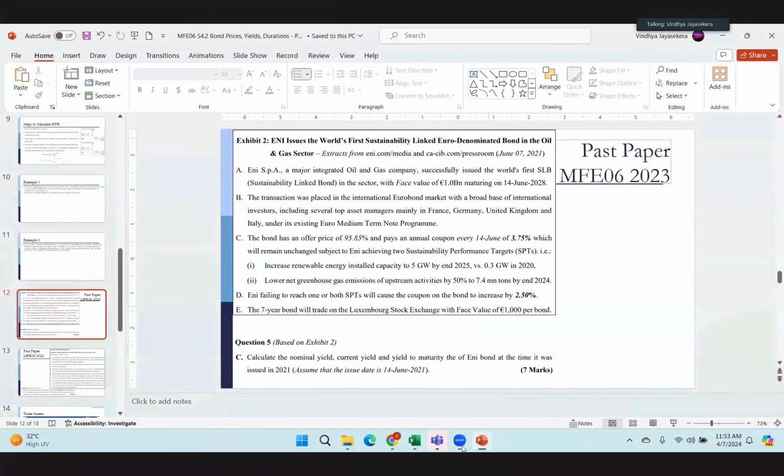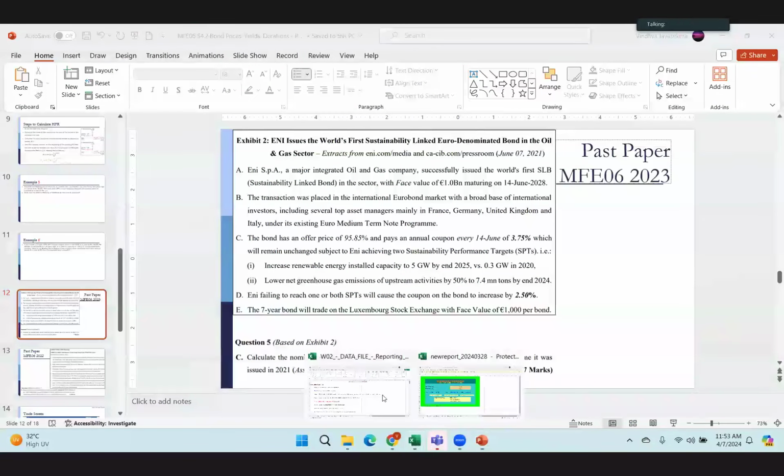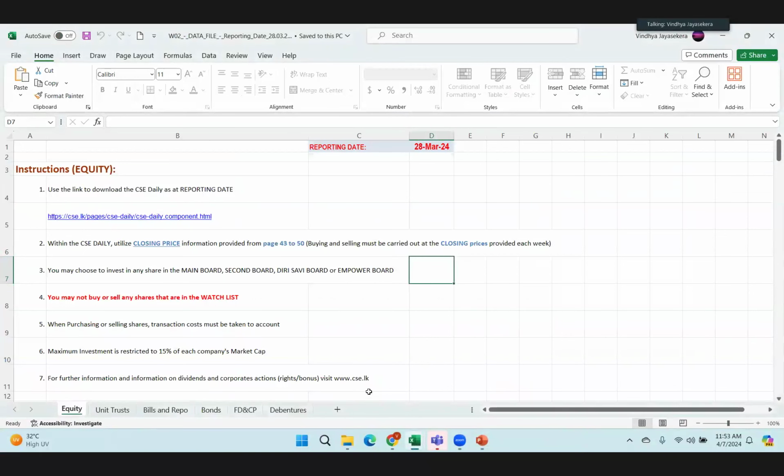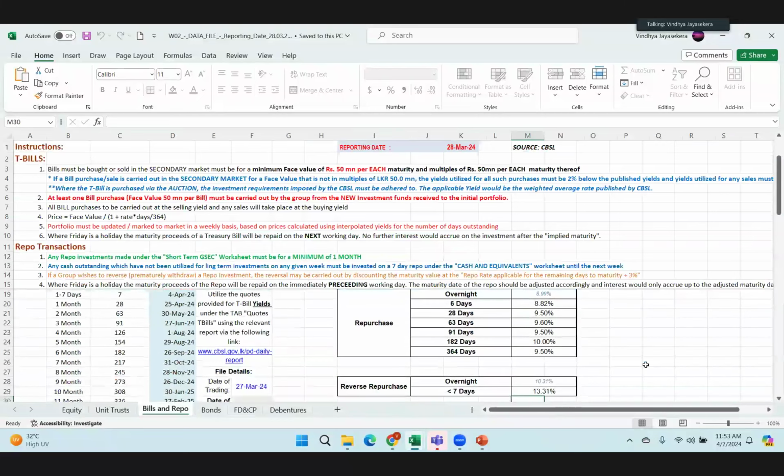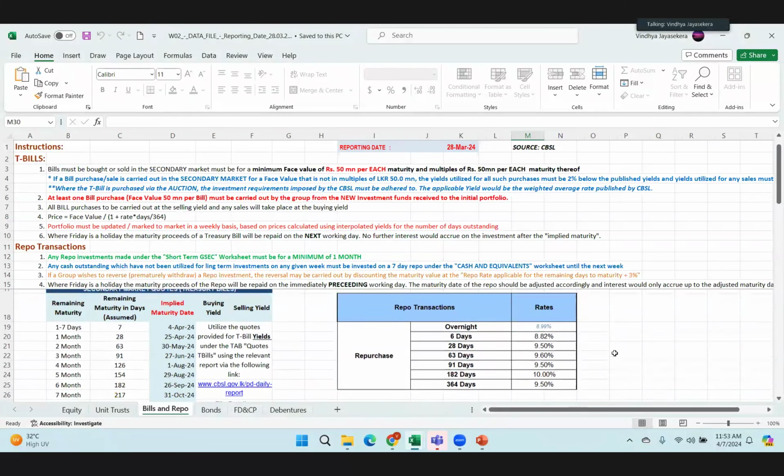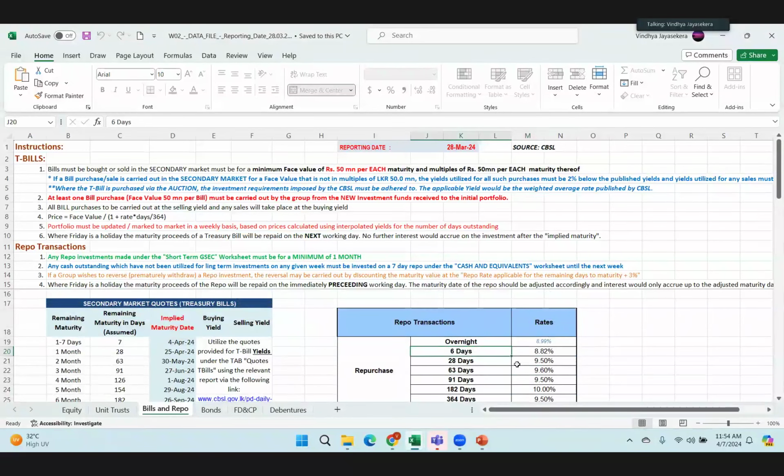There are small changes that are going to happen because I'm not in for the next couple of weeks, right? Your bills and repo going forward, this is actually a 7-day return, but it was 6 days here just because it was a holiday, remember? So because of that only, it's actually a 7-day return.